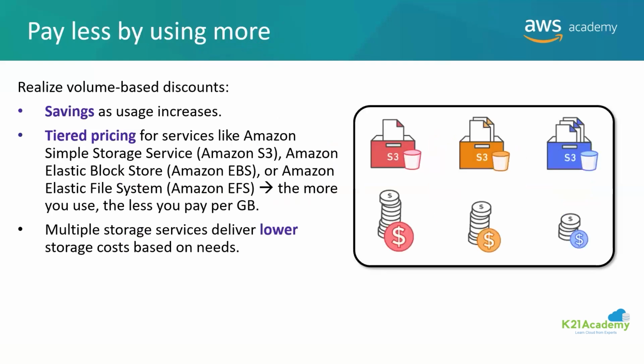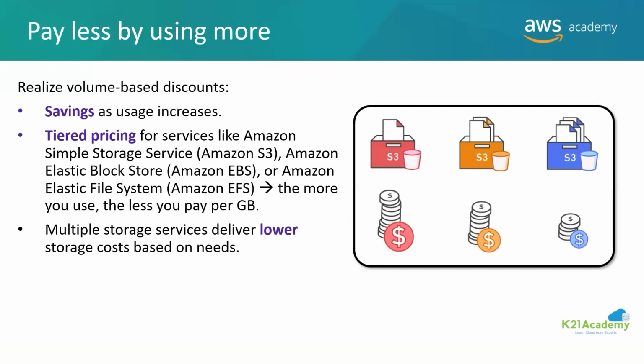So what is the meaning of pay less by using more? With AWS, you can get volume-based discounts and realize the importance of savings whenever your usage grows. Services like S3 or EC2 have tiered pricing, which means that you pay less per GB when you use more.